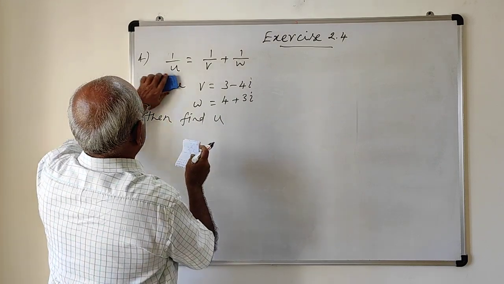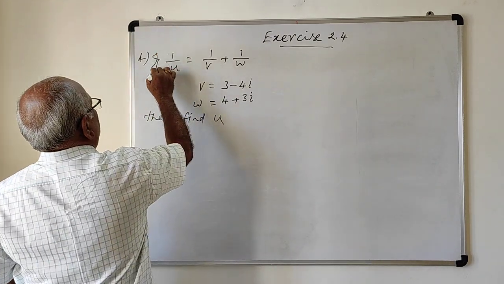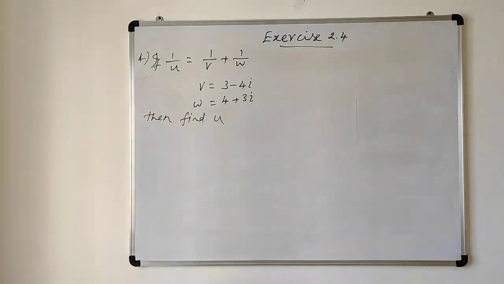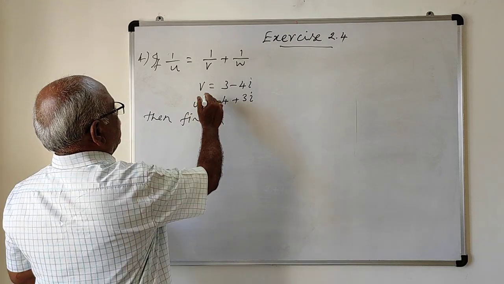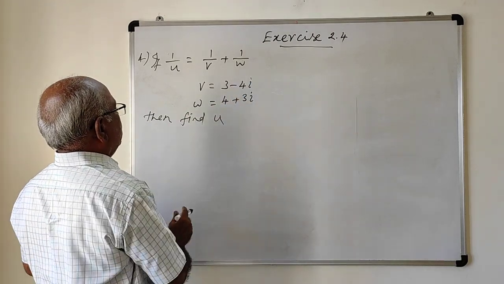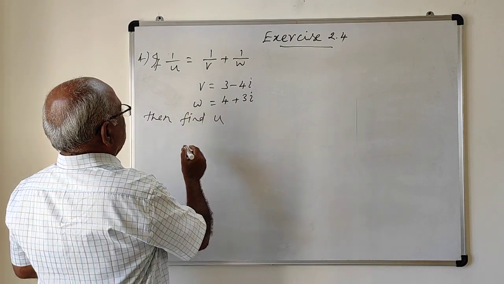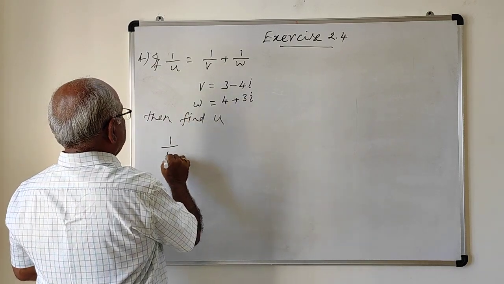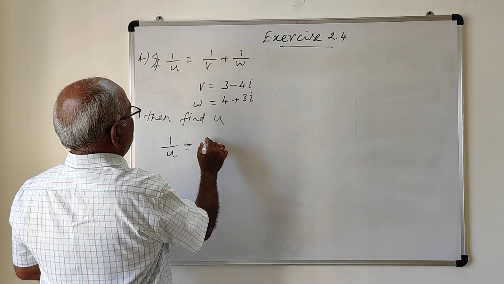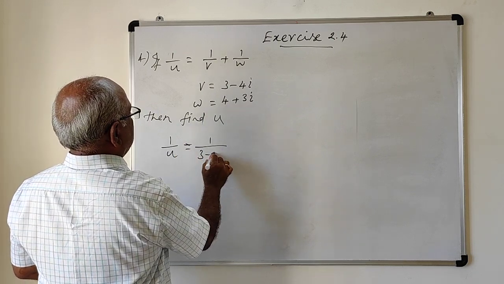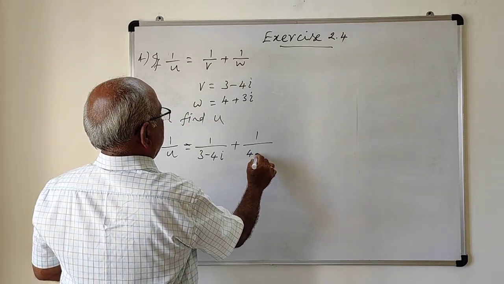Find u, if u is given by the relation 1 by u equal to 1 by v plus 1 by w, where v equal to 3 minus 4i and w equal to 4 plus 3i. So by using the relation, 1 by u equal to 1 by (3 minus 4i) plus 1 by (4 plus 3i).